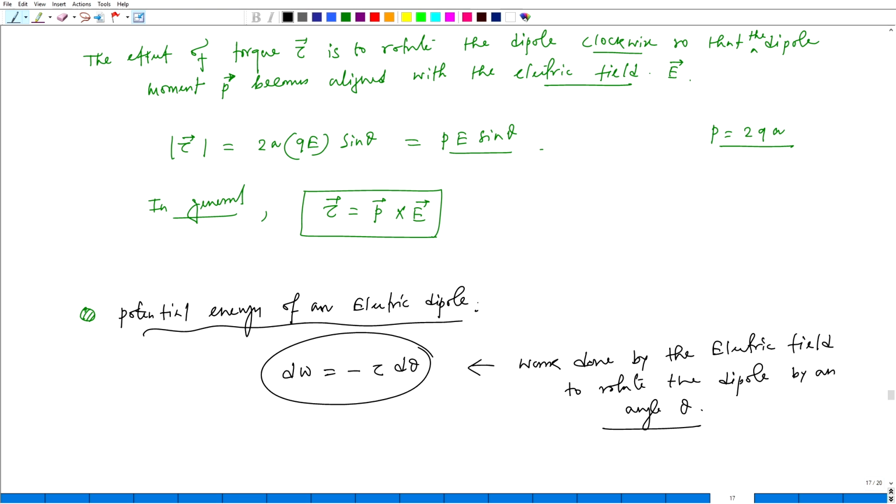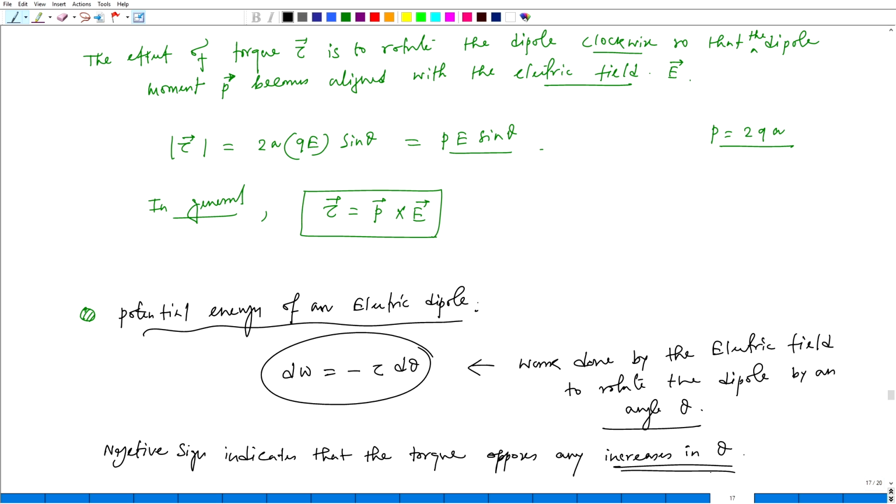If we move the dipole away from the electric field vector, theta increases, and the torque opposes that.